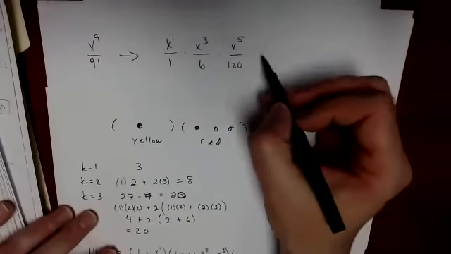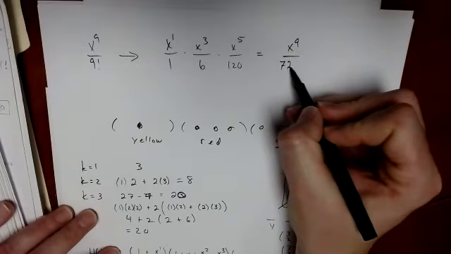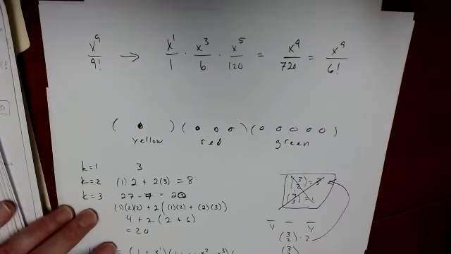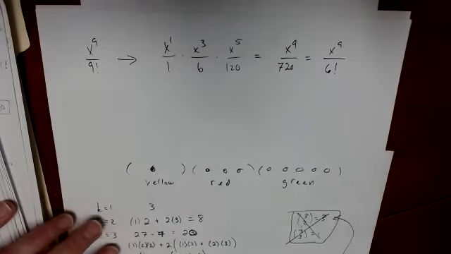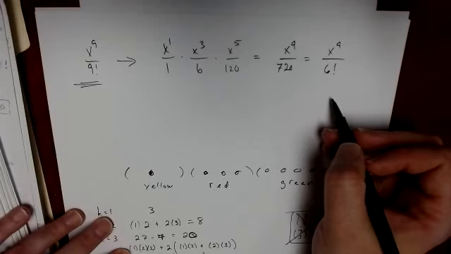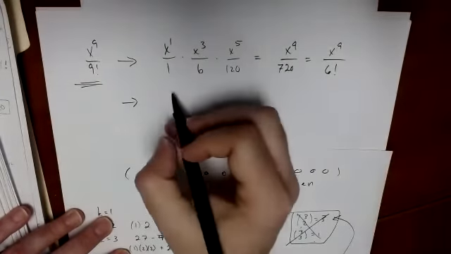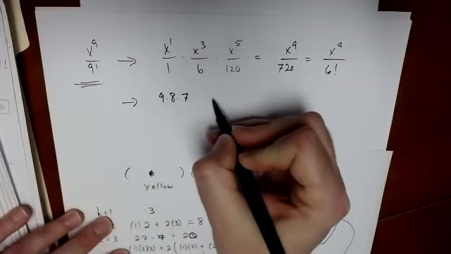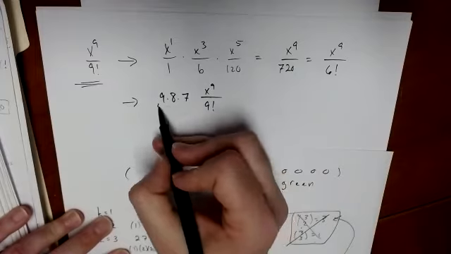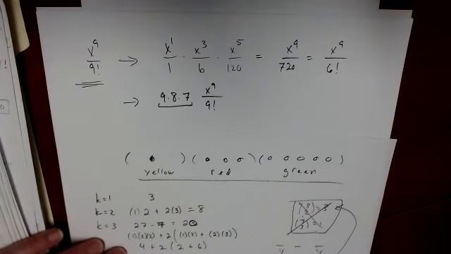So this would be x to the 9 over 720, or x to the 9 over 6 factorial. So the coefficient of x to the 9 over 9 factorial, I actually have to rewrite this. This would be equal to 9 times 8 times 7 times x to the 9 over 9 factorial. And so that is the number of ways to arrange 9 balls from this set.